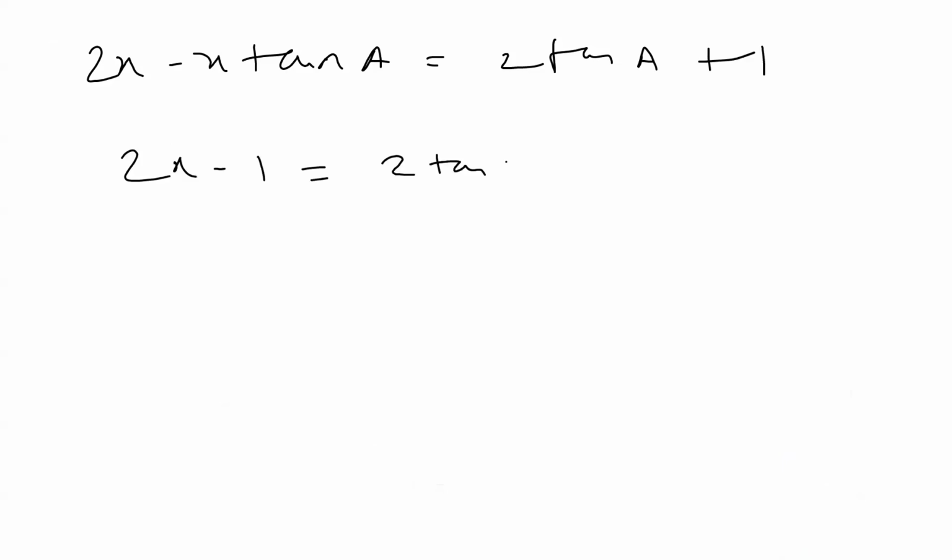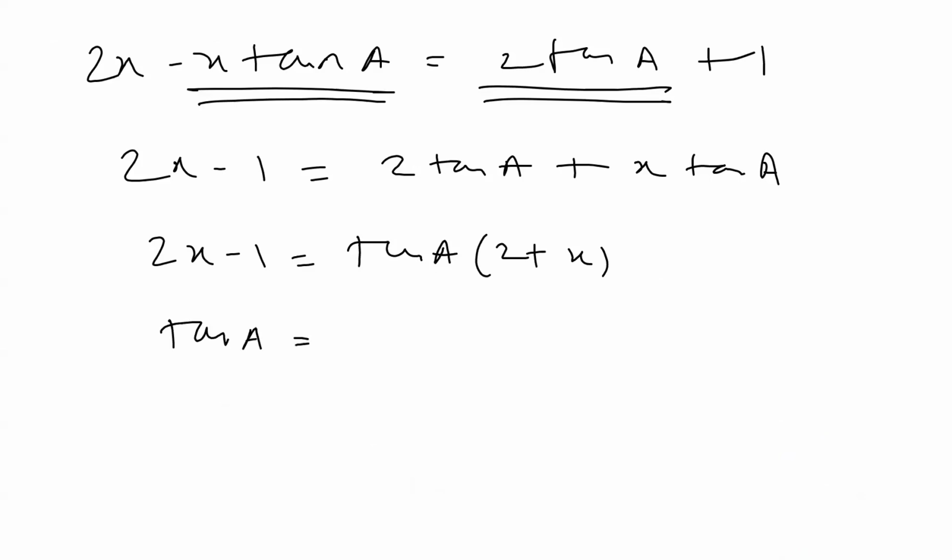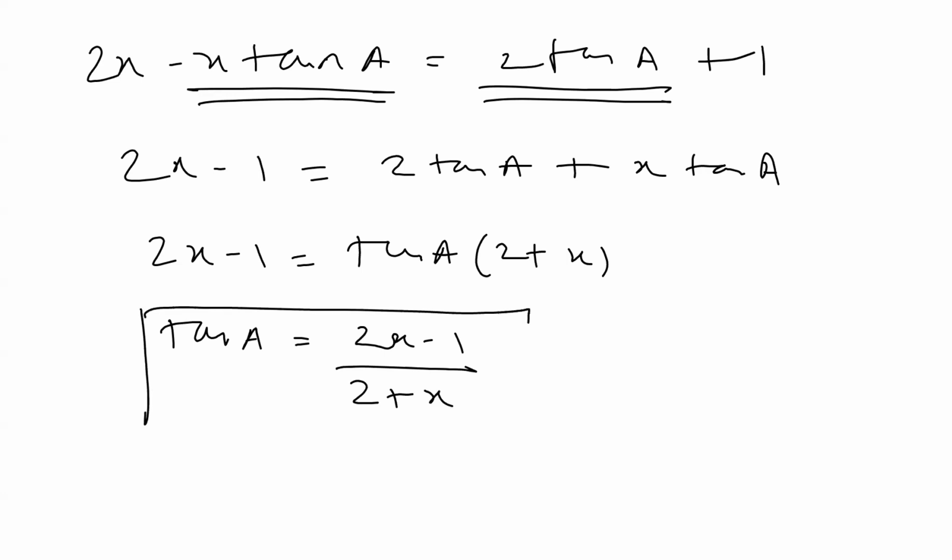So 2x minus x tan A is equal to 2 tan A plus 1. Take tan terms together and non-tan terms together. So this and this term I'm grouping, 2 tan A plus x tan A. So 2x minus 1, take tan A common, 2 plus x. So tan A is equal to 2x minus 1 upon 2 plus x.